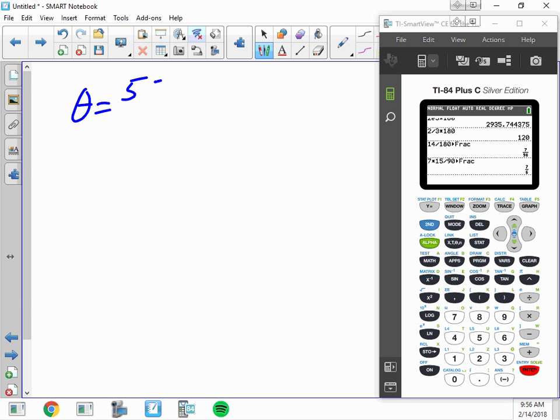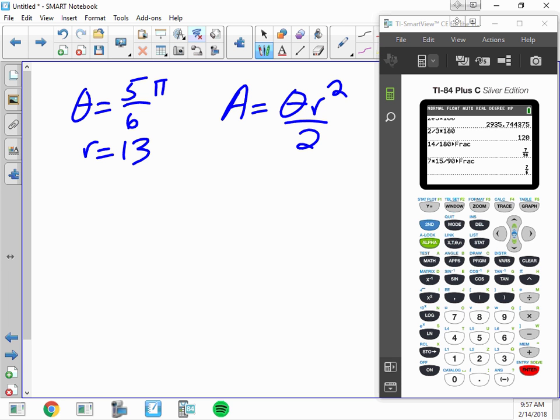Theta is 5 pi over 6, and r is 13, and my area formula is theta r squared over 2. So 5, oh, do I need, hold on a second.